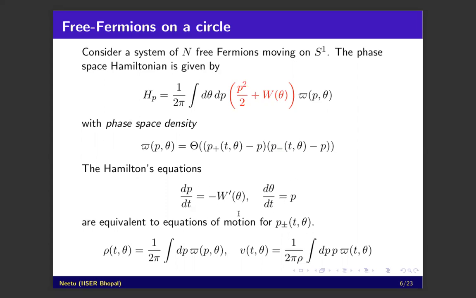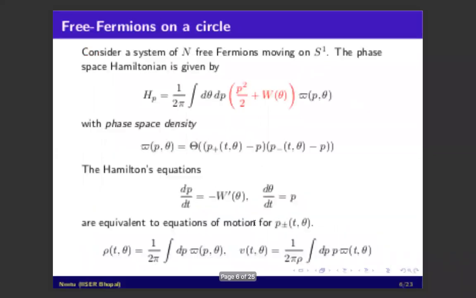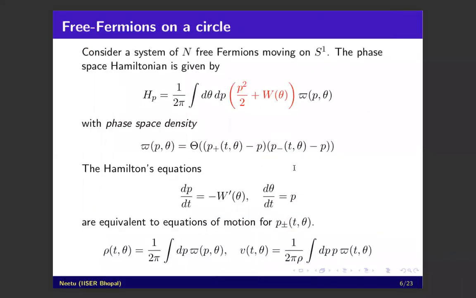And then we can write down Hamilton's equations, and it is very easy to see that these equations are equivalent to these equations for p plus and p minus. So finding a solution of this system, given by p plus and p minus, is equivalent to finding the lower and upper Fermi surfaces in the free fermionic picture.